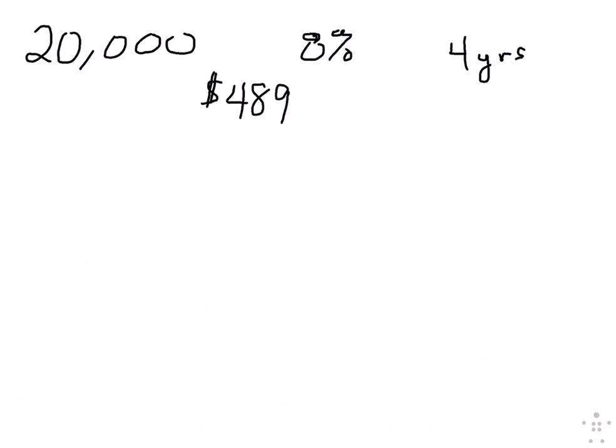To write the recursive rule for part A, here's what you do. You take this percent right there, 8, and you divide it by 12. What's 8 divided by 12? Two-thirds, or 0.6 repeating.